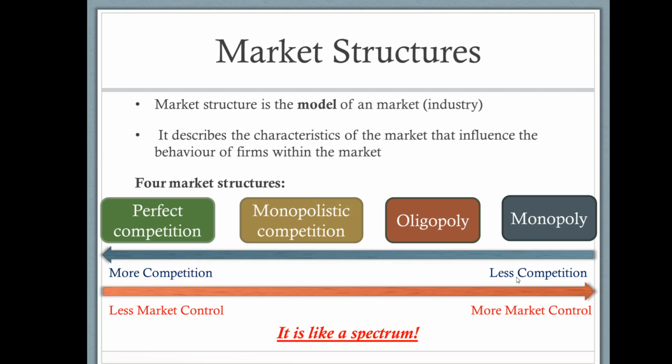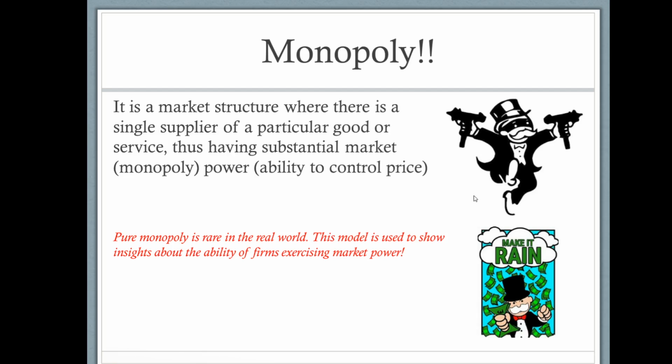So monopolistic competition, a little bit of market power, then oligopoly, a lot of power, and monopoly, huge market power, a very high level of market power. So this is a very key term for you to remember: market power, the ability to control price. So that's monopoly.